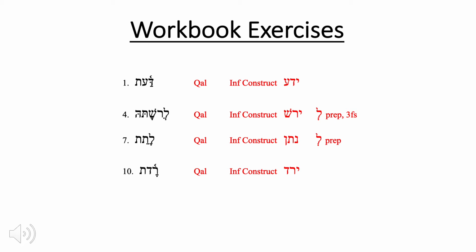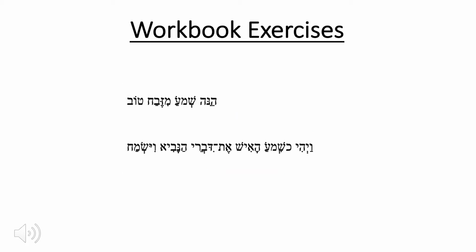Let's move on now to our next set of exercises, section 3 of chapter 20 in your workbook. Here we have some simple translation. Again, you are only doing number 1 and number 4, so how do we translate number 1? Number 1 is straightforward. We have hinneh, which means behold.